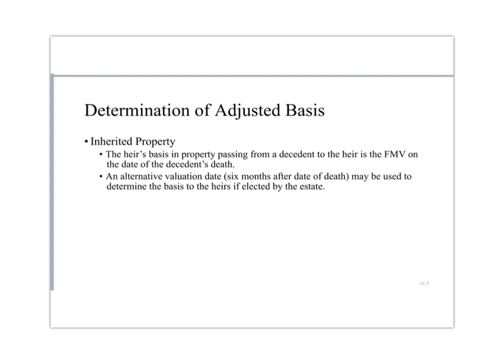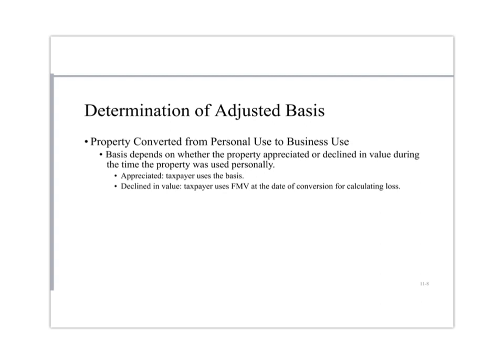So now let's talk about when you convert property from personal use to business use. Okay? So say my Jeep that I drive around is personal use property. What if I started a landscaping business and now I was using that Jeep to pull a trailer with landscaping equipment, and it became a business vehicle? All right.